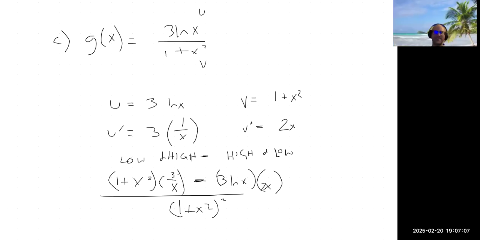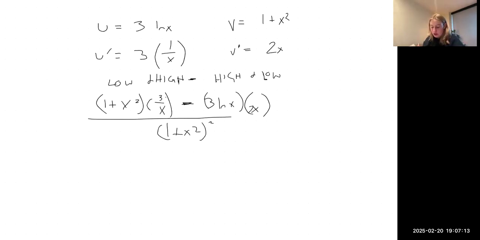Okay. Cool. So I want to simplify the top first. What's the easiest way to be multiplying that whole thing by 3 over x? Because I look at that and my brain just gets upset. Would it be to put the 1 plus x squared over 1?